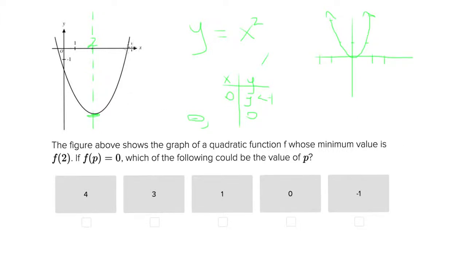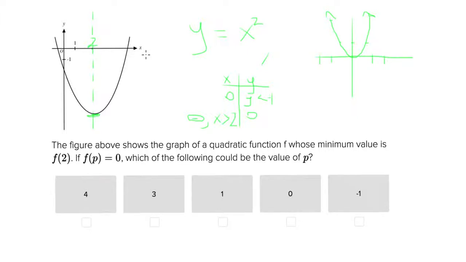And some positive value greater than 2. If you hadn't labeled that this was 2, you wouldn't know that. Which may not be useful for this problem, but could be useful for another problem. So again, it's really important to be labeling. So some x value greater than 2.